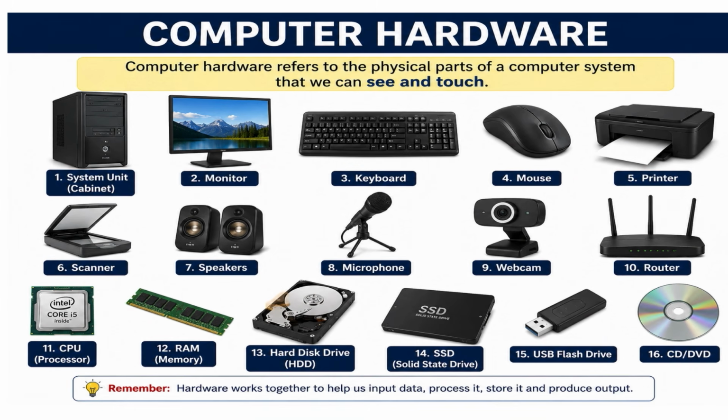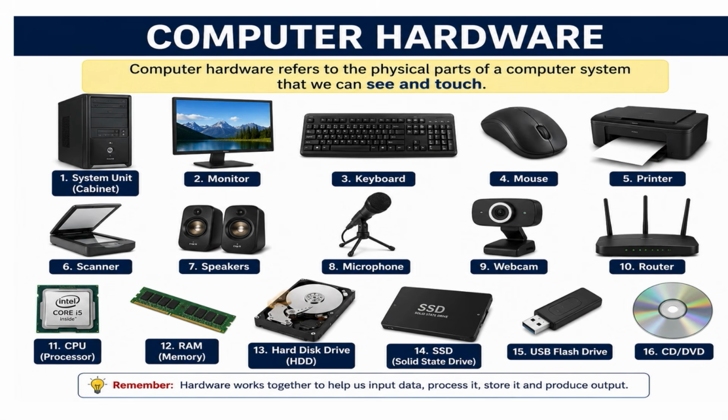Now, notice something interesting. Although all these devices are classified as hardware, they do not perform the same functions. For example, the keyboard is used to enter data into the computer, while the monitor displays information to the user. The CPU processes data, while storage devices such as hard disks and SSDs store information for future use.